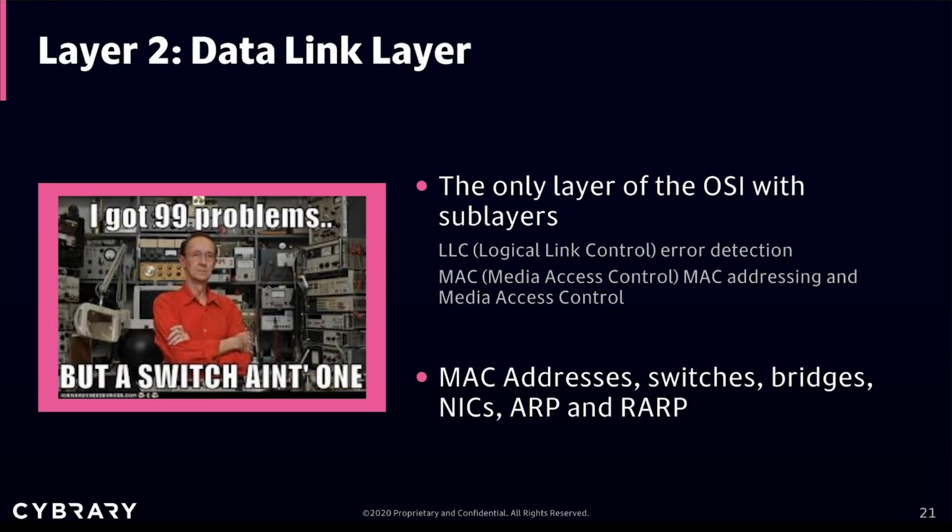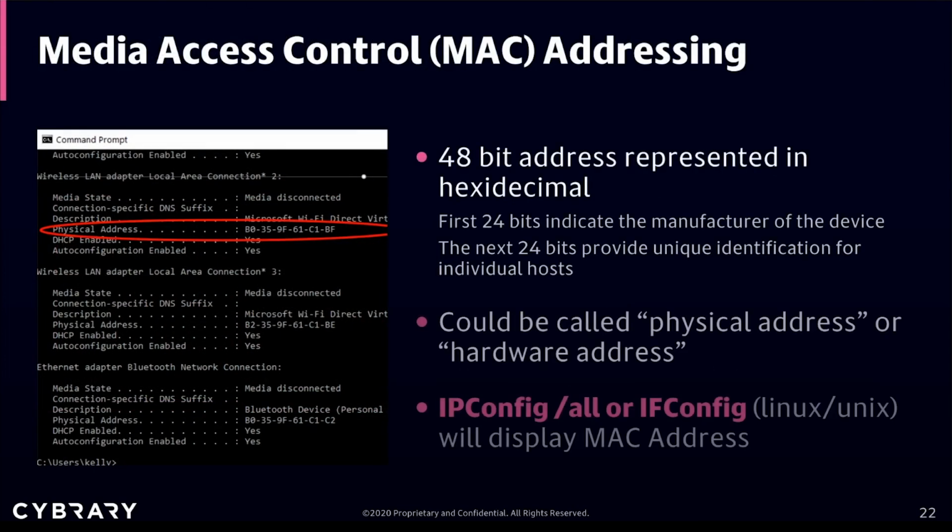With MAC addresses, the first thing we want to look at is the MAC address itself. A MAC address is a 48-bit address expressed in hexadecimal. I have this circled for you here on our example on the left. In hexadecimal, separated by dashes or hyphens, we have a 48-bit address. The first 24 bits are specific to the manufacturer of the device.